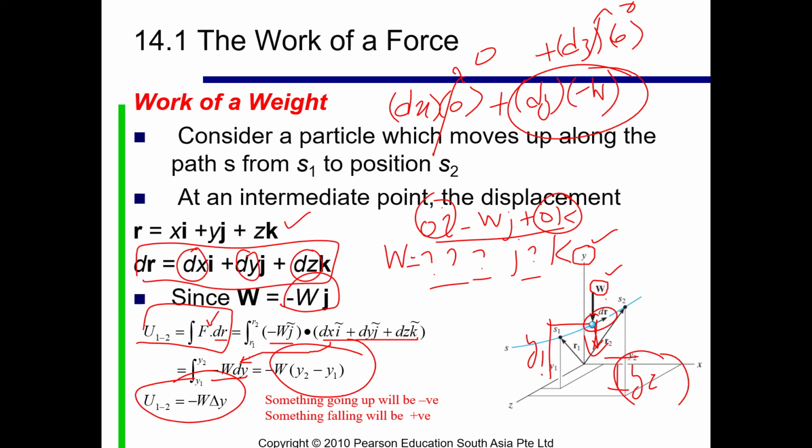If, for example, I put tentative numbers, say this becomes 10 and this becomes 20 when it is falling down, and you plug the numbers in, this is 10 minus 20, which gives you a negative answer. So Y2 minus Y1 will be negative. Negative, negative, the total answer is positive. So falling down is technically positive work done.